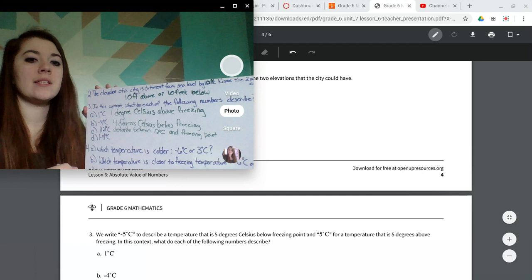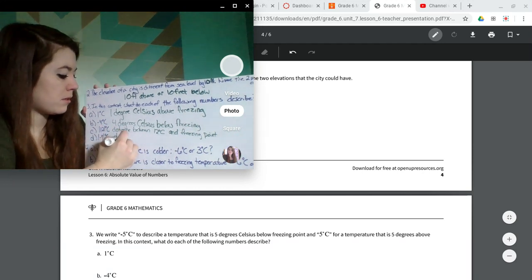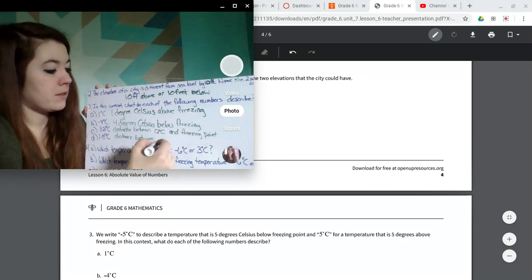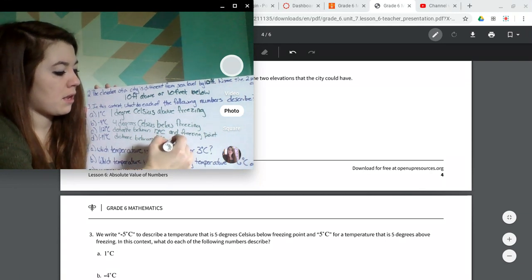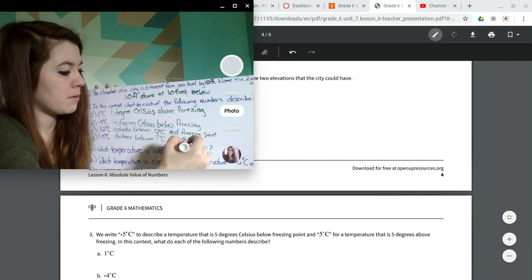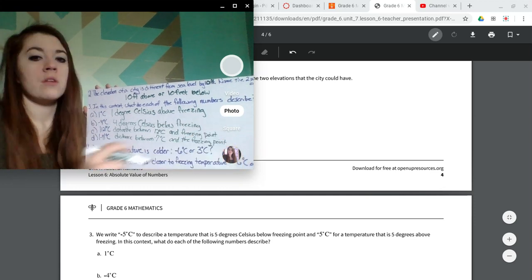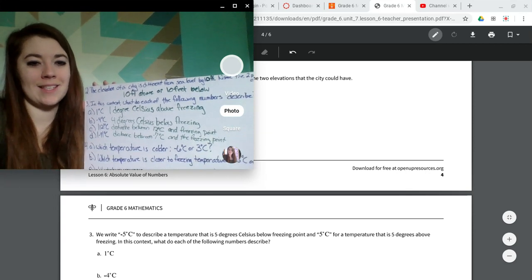So same idea, we're still dealing with the distance. So distance between -7 degrees Celsius and the freezing point. So once again, another case in which absolute value represents our distance. It's always going to represent distance, no matter what. It'll always be the distance.